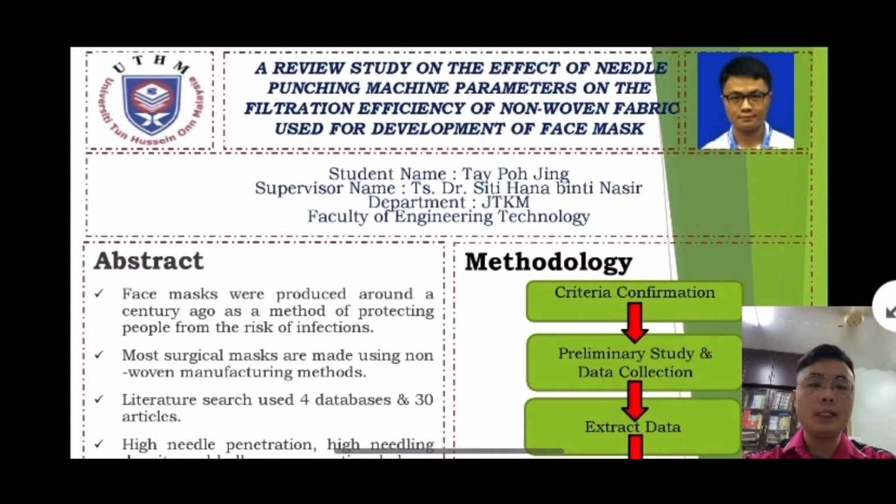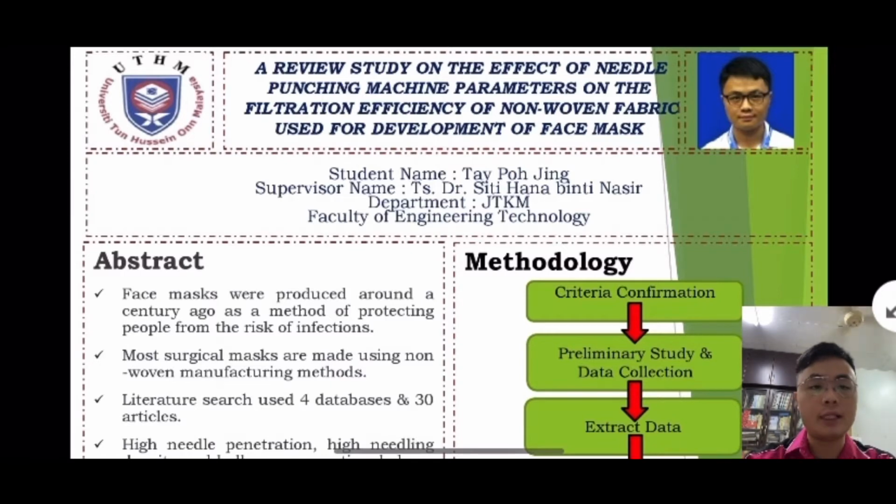So basically in PSM 1, I expected that I could conduct the experiment on campus to investigate the impact of machine parameters on the physical properties and filtration efficiency of non-woven mat, because the campus has the needle punching machine. However, because the COVID-19 situation became serious, I was unable to go back to campus.